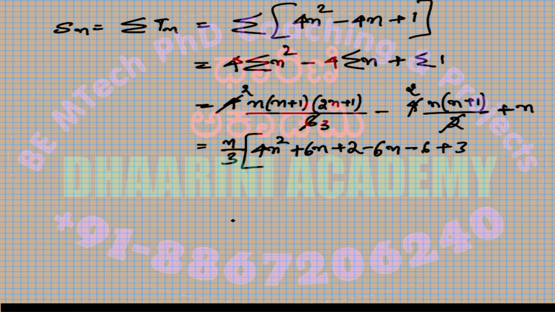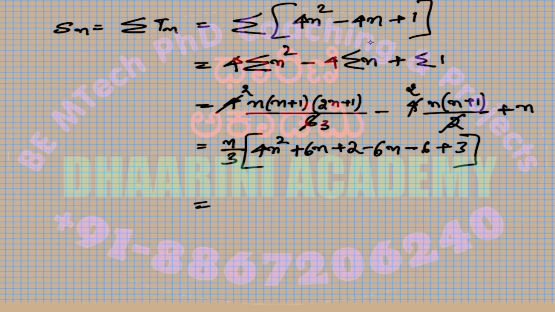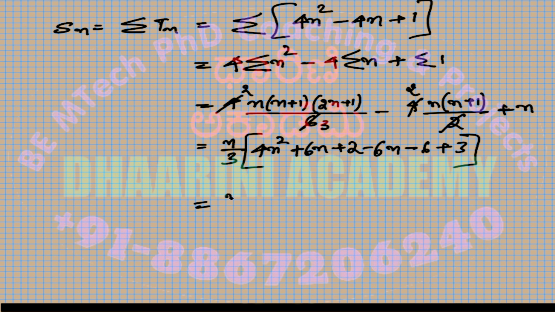So this is n by 3 into, so we have 4n square as it is, then 6n minus 6n will cancel.